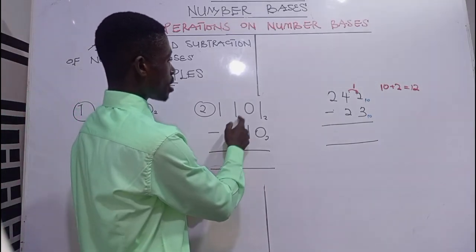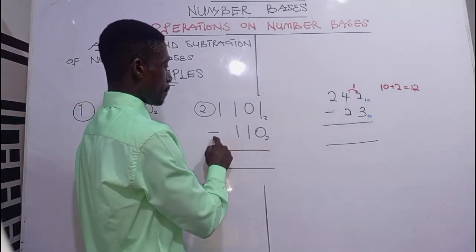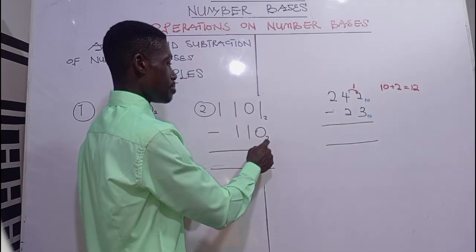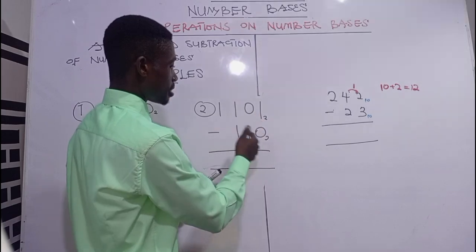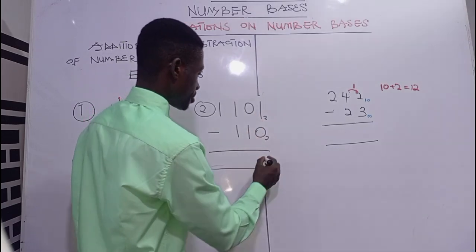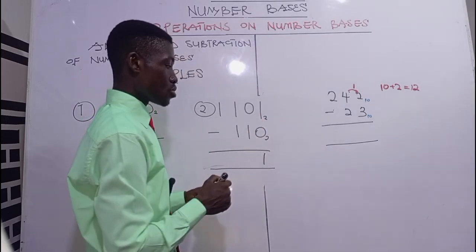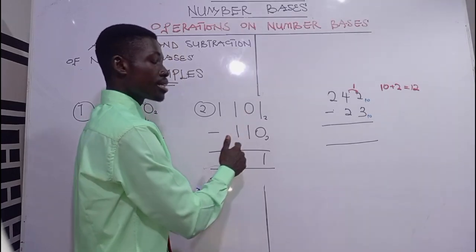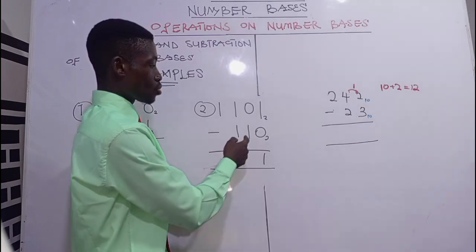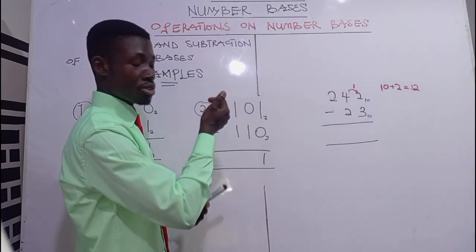We have 1101 base 2 minus 110 base 2. So let's start subtracting. 1 minus 0 is 1. So we can write it, since we are working in base 2. Now we have 0 minus 1. You know it is not possible because 1 is greater than 0. So what do we do?